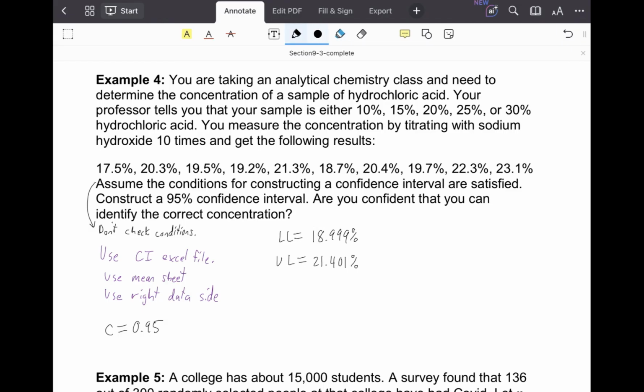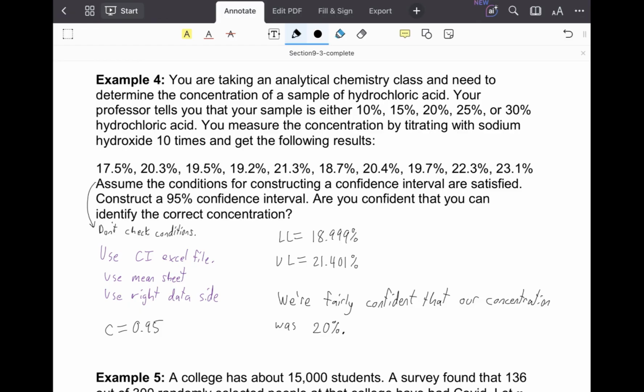So we could say we're fairly confident that our concentration was 20%, the one that our professor gave us.